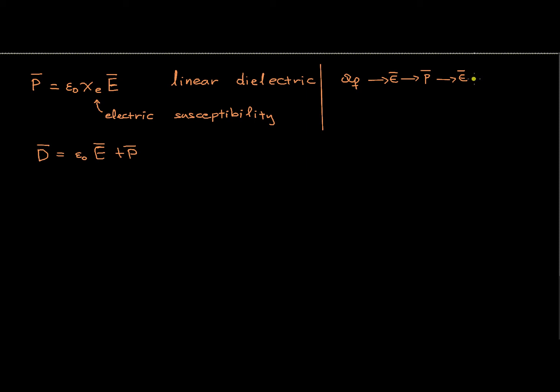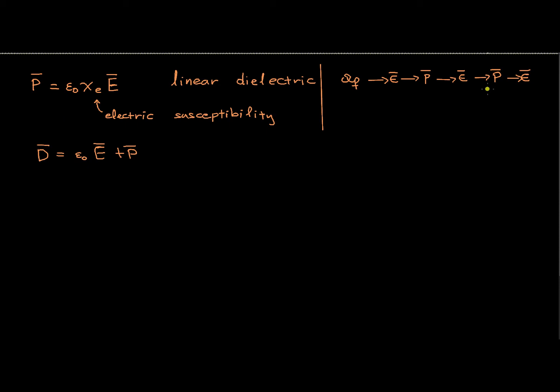And of course, once you change the electric field, that will also affect the polarization, right? And then, if you change the induced dipoles, the polarization, of course, that will affect the total electric field again. And then you keep going on. Of course, there will be a moment in time where this process will stop once you reach equilibrium.